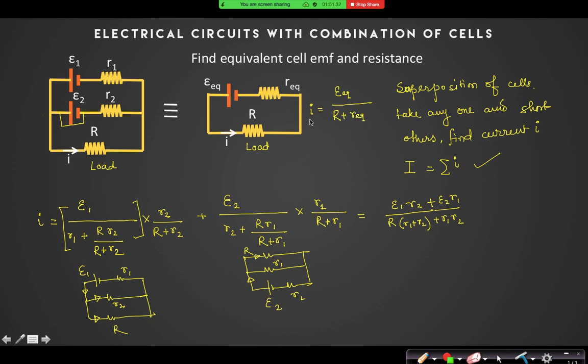So can I represent this current in this form where the denominator has R plus REQ, but here in denominator I have something multiplied with R. So what I can do, I can just divide this part from both numerator and denominator. Which one? R1 plus R2.